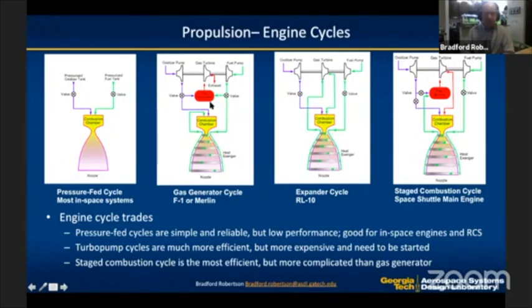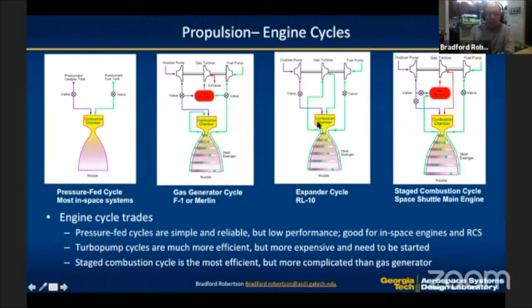The most basic one is a gas generator cycle, where I utilize my fuel and oxidizer to burn a gas generator, to spin a turbopump, to feed fuel into my main combustion chamber, and anything from my gas turbine tends to be dumped overboard as exhaust. For example, the F-1 engine and the SpaceX Merlin engine are gas generator engines.